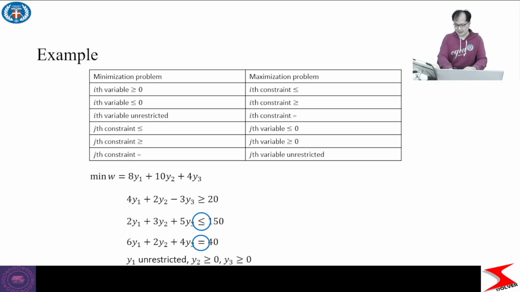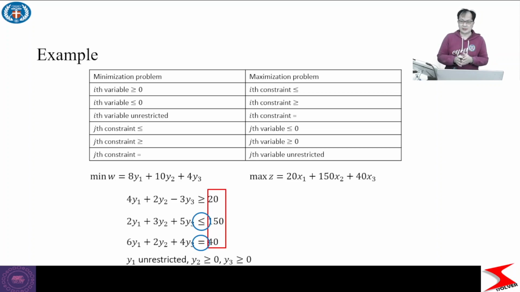We go step by step. First, we transform the minimization problem to a maximization problem. The right hand side of the constraints becomes the coefficients in the objective function. So here is 20, 150, and 40.